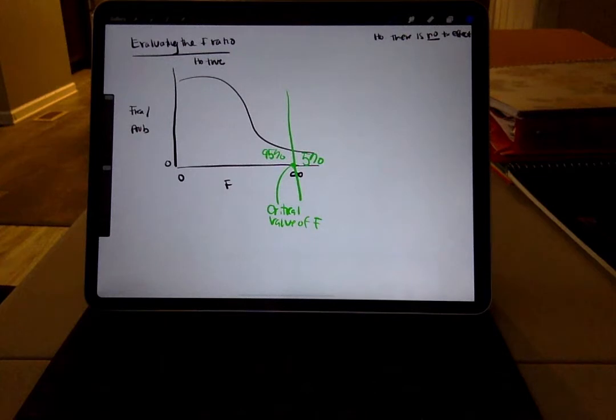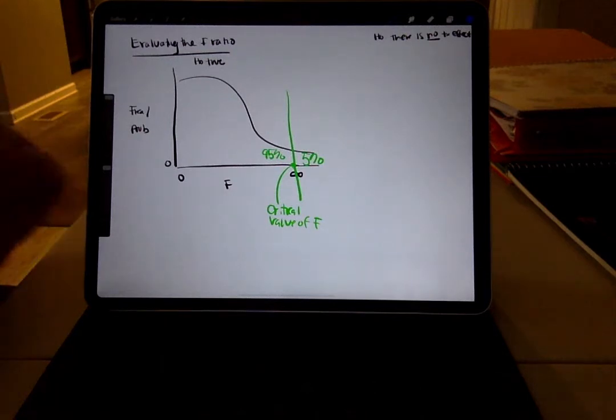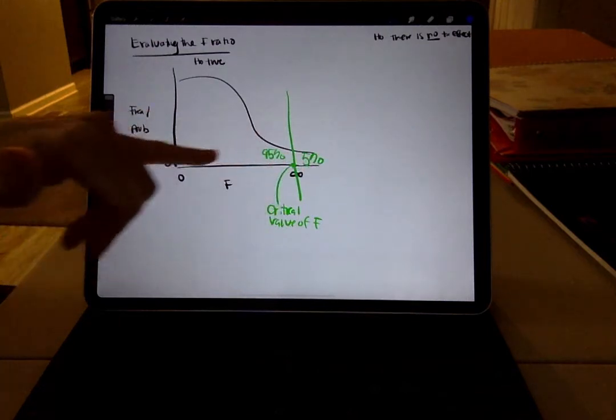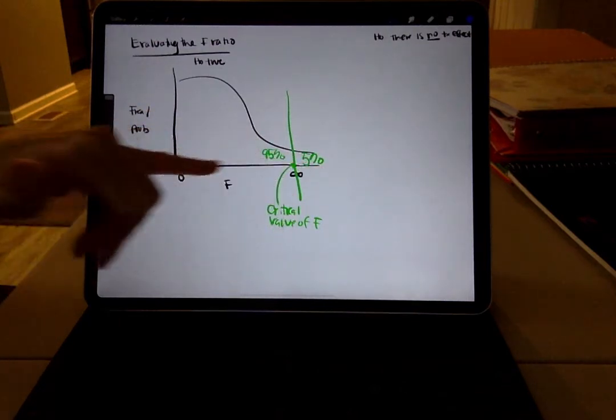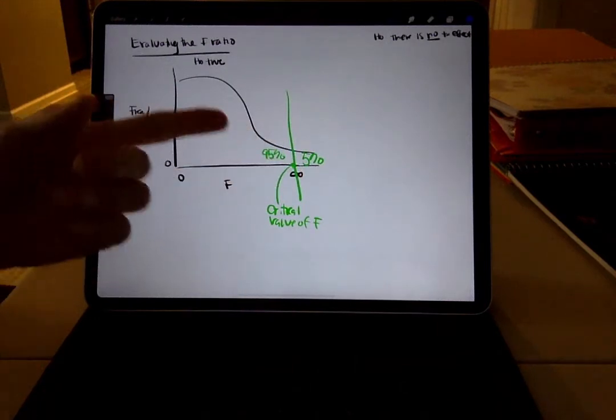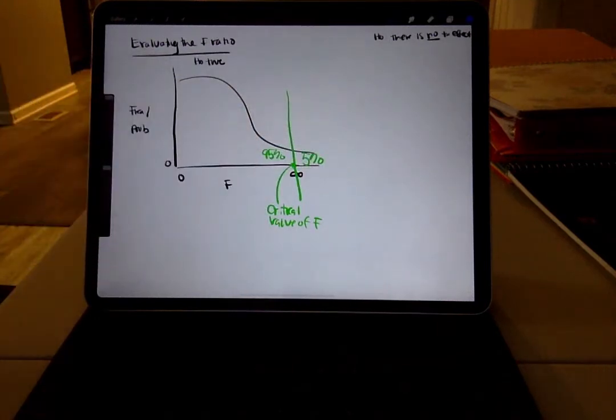Once we find the critical value of F, we're going to go back to our ANOVA summary table and find our observed F, which is the F we calculated when we went through all the steps. And we're also going to plot that F on this line. It's possible that F is going to be smaller than the critical F, or larger than the critical F. It really doesn't matter, but we're going to plot it where it is on the line.